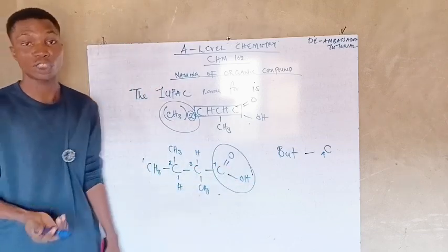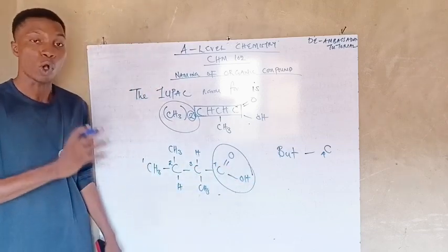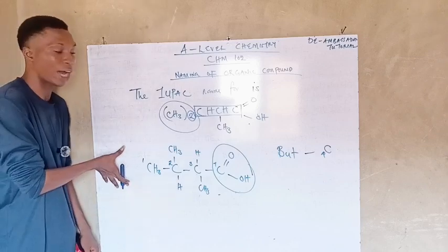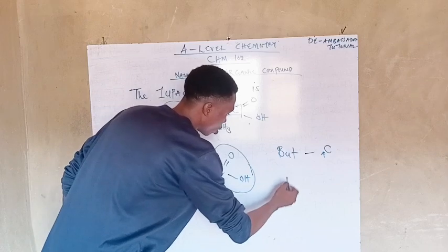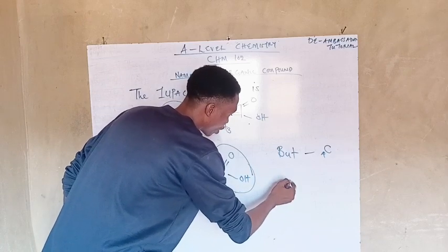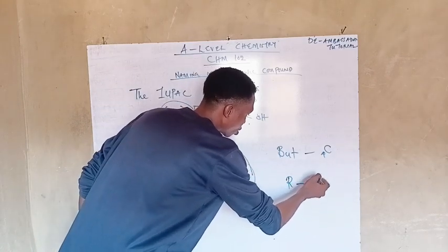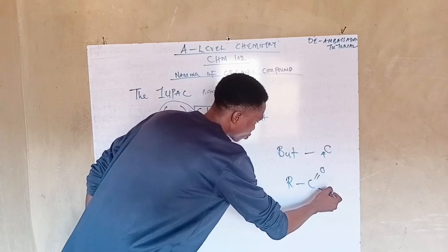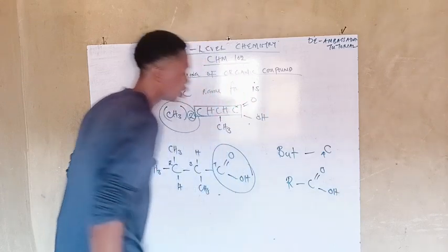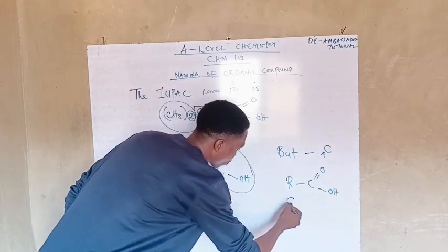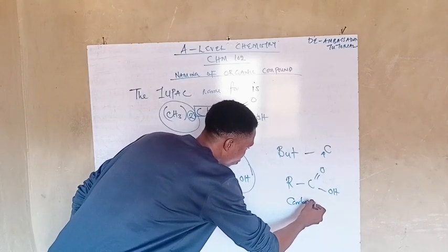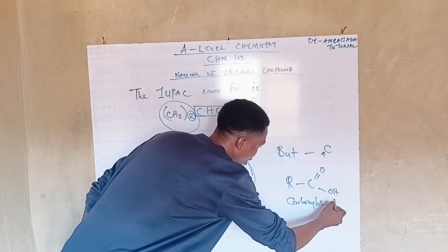How do I know? Functional groups are either atoms or bonds attached to an organic compound. So this functional group is a common one, which is called carboxylic acid.